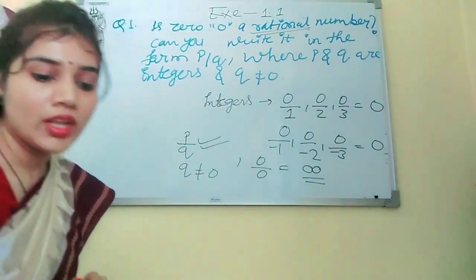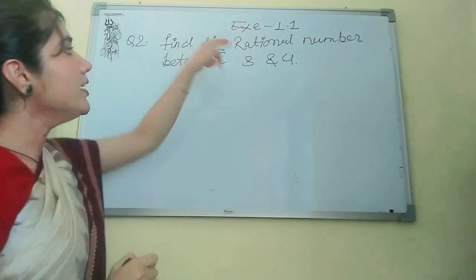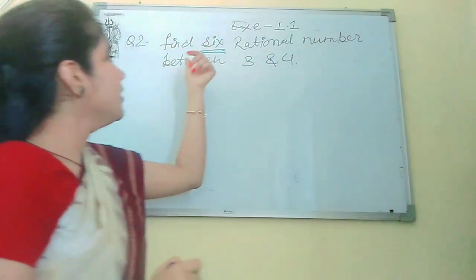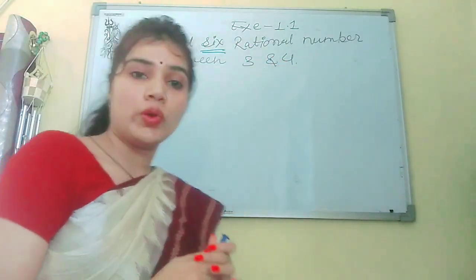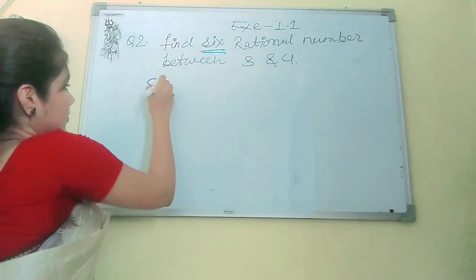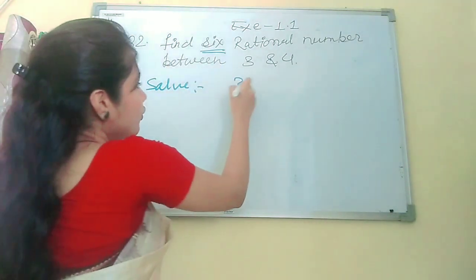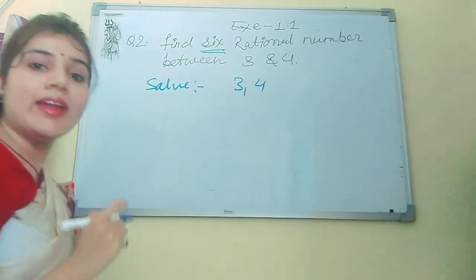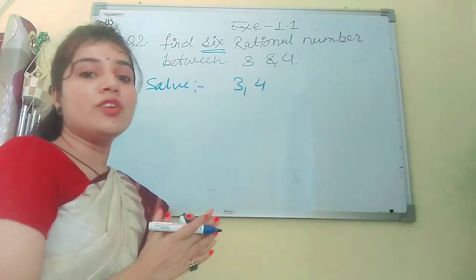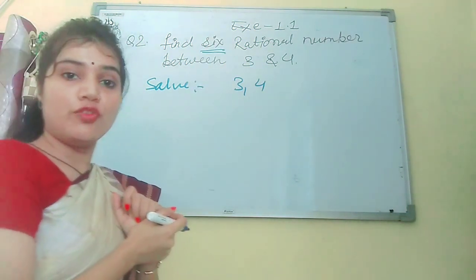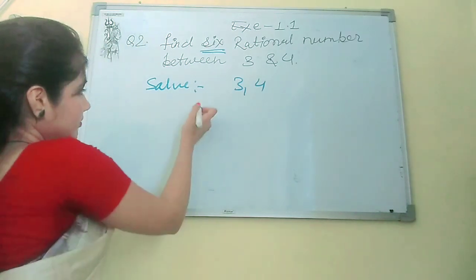Okay. Now next question. Find 6 rational numbers between 3 and 4. For that, if we have to find 6 rational numbers, we just multiply and divide by any number which is greater than 6. So we are just taking 7.